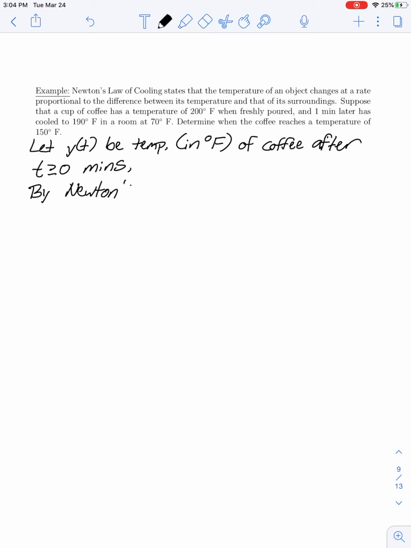So we can say, by Newton's law of cooling, the rate at which our coffee changes its temperature, that is the derivative of the temperature of this coffee, is proportional to, so that is a constant multiple of, the difference between its temperature and that of its surroundings.